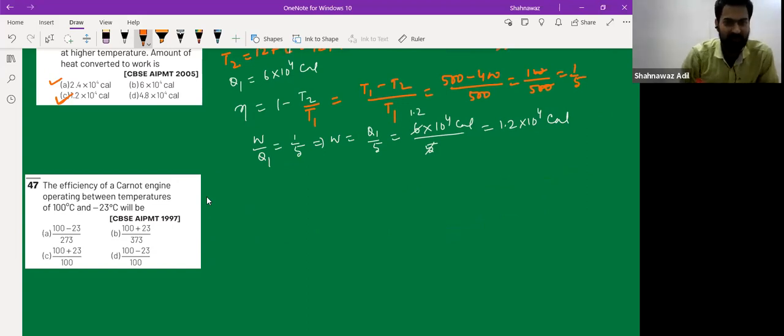All the best, guys, for your exams, all the very best. Please do this question and tell me the answer. Then that would be all from my side.